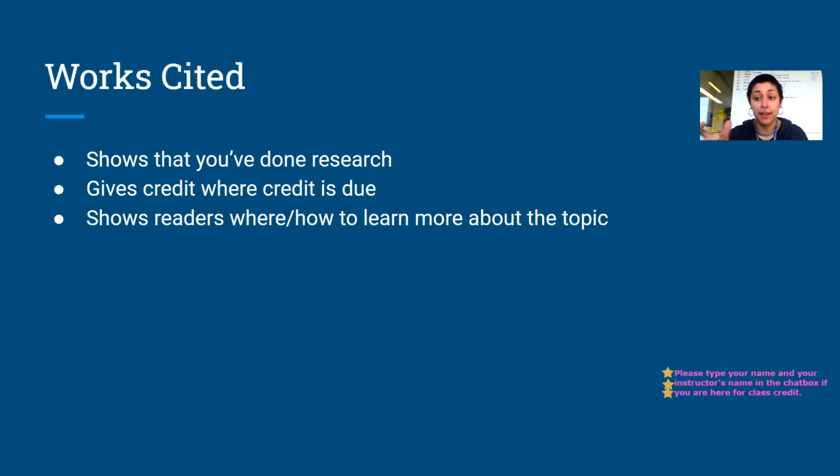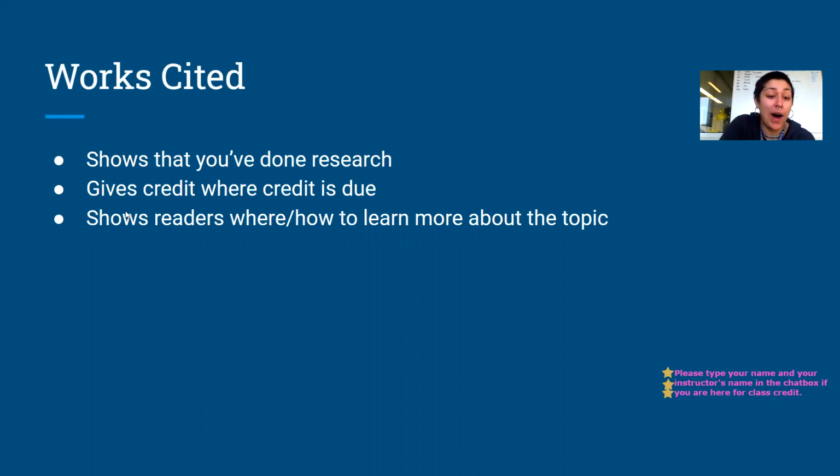And so these two things work hand in hand. One cannot exist without the other. The in-text citation is what leads us to the works cited entry. And so it is important.